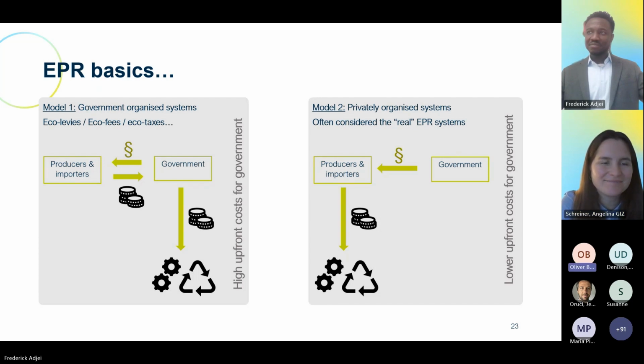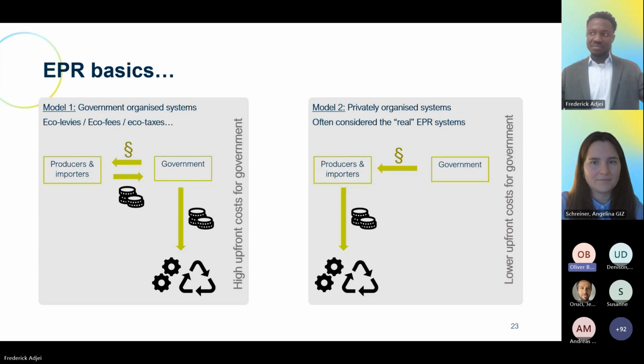Yeah, I wanted to react to what Andreas just said. First of all, I agree with him that EPR schemes are sometimes motivations for the brand owners to come up with better ways of packaging and all of that.